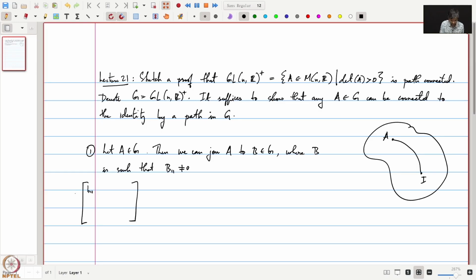Okay. So, how do we do this? If A11 is non-zero, then we just take the constant path, gamma of t is equal to A.